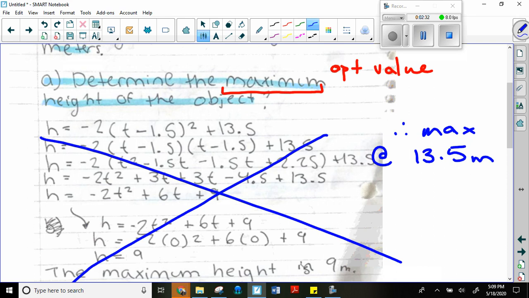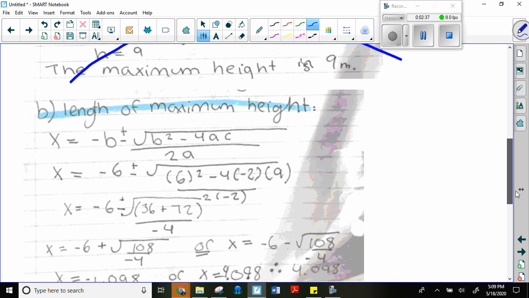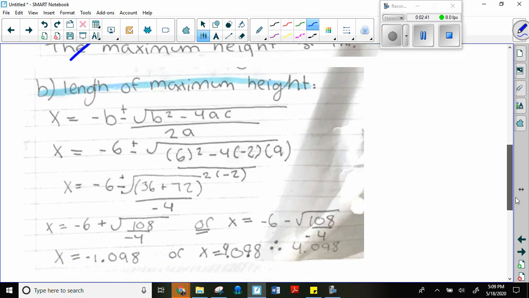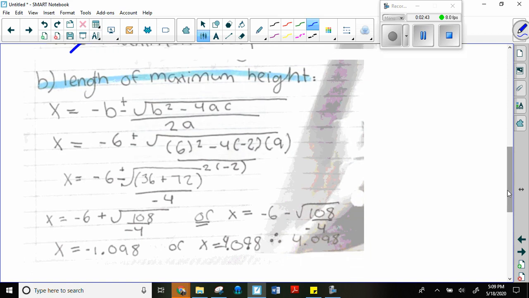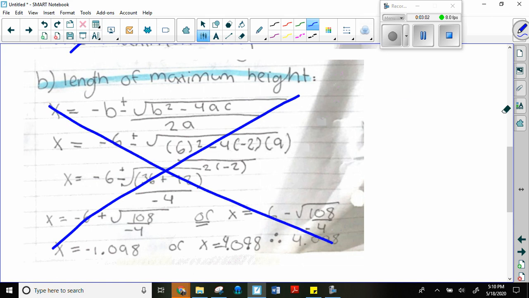Then I don't like this. The length of maximum height. I don't know what this question is asking. I have a feeling you found zeros, which would be really good to use if it said, when did the ball hit the ground? I would want to use the zeros. But I think what this question is asking, at what time did the maximum height happen?